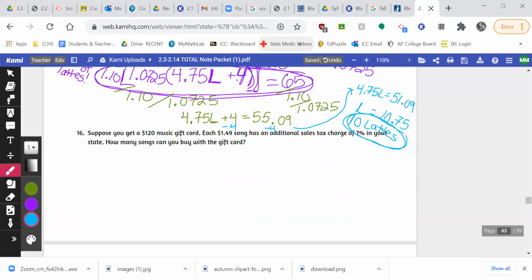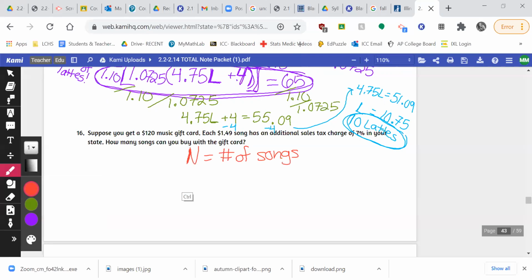Your last problem for today. Suppose you get a $120 music gift card. Each song is $1.49, and you also have sales tax of 7%. How many songs can you buy with the gift card? So let's go ahead and define our variable. Let N equal the number of songs.